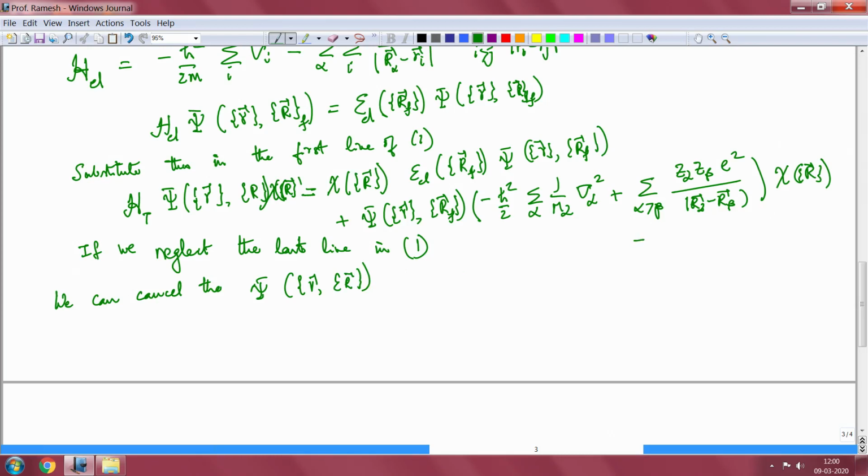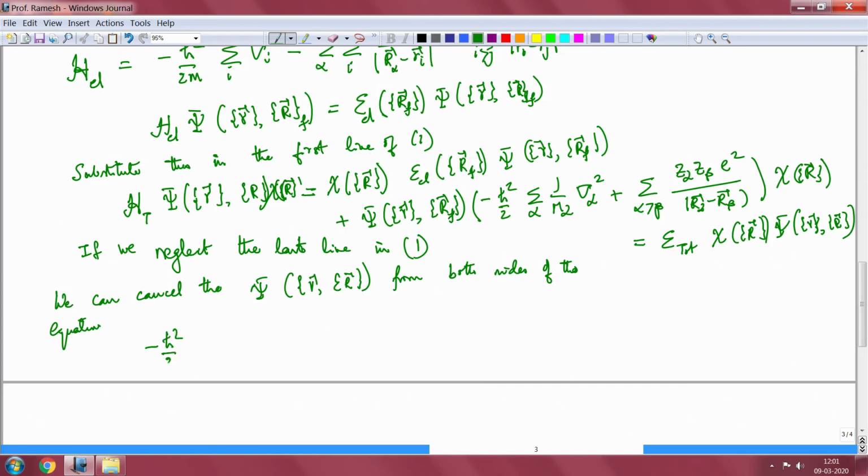So, this will be equal to E total times chi of R, psi of r comma R. We can cancel psi of r comma R from both sides of the equation to get the following.